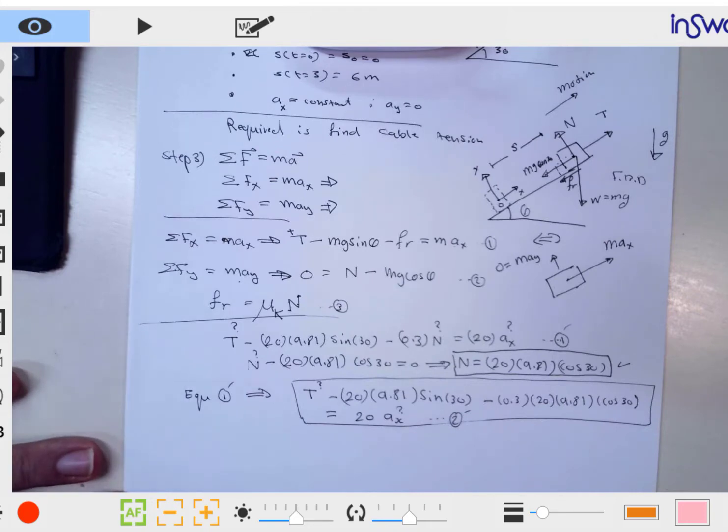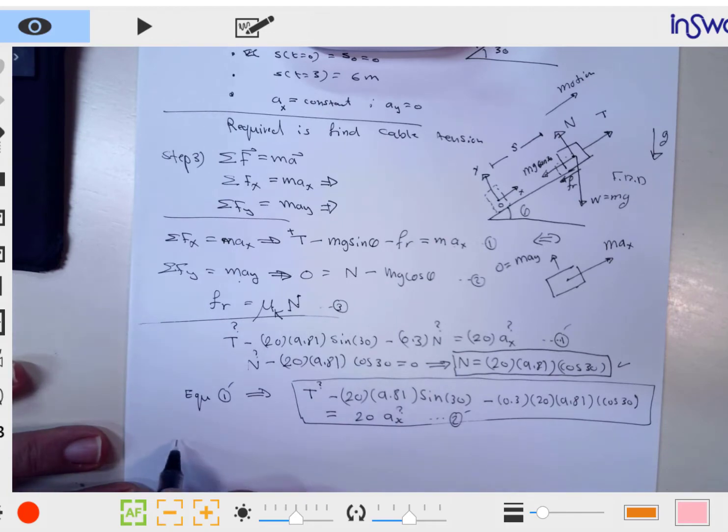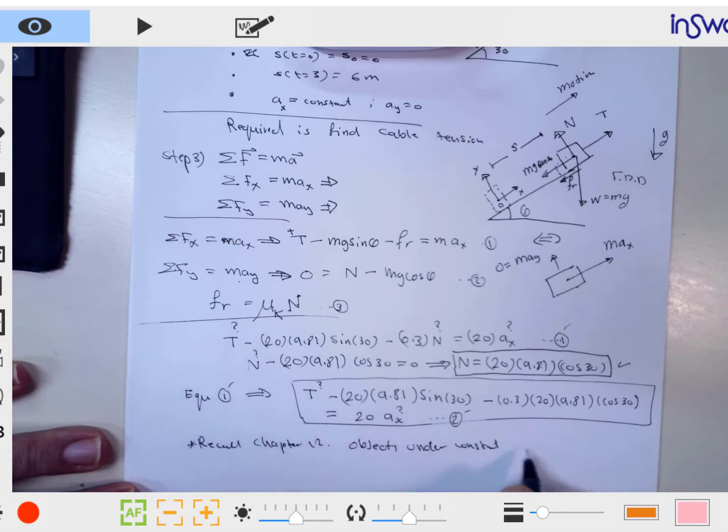And as you remember, recall from chapter 12 that for an object under constant acceleration, there are the famous three equations, right?